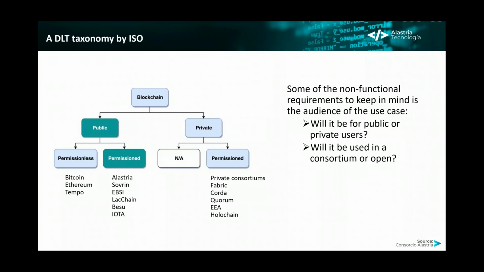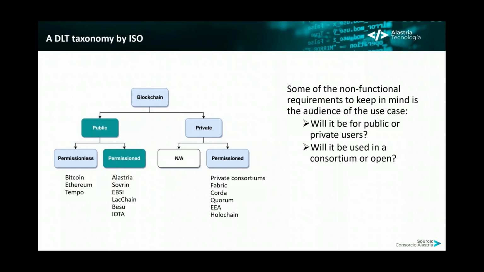And then I put here the different networks so that you keep an eye on them. You see that on the private side, there are very famous ones like Hyperledger Fabric or Corda, which are really designed for private consortiums.